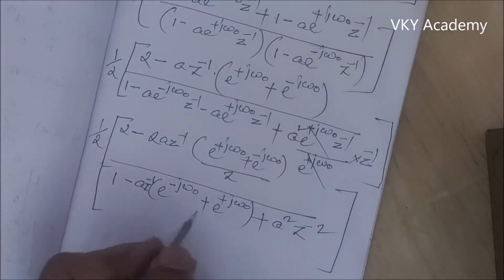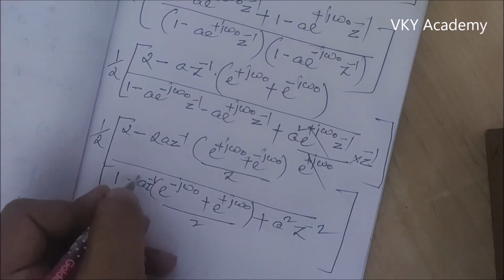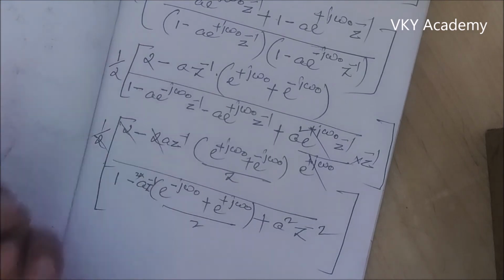This can also be converted into a trigonometric function by dividing 2 and multiplying 2 here. So finally this 2 and this 2 get cancelled out.